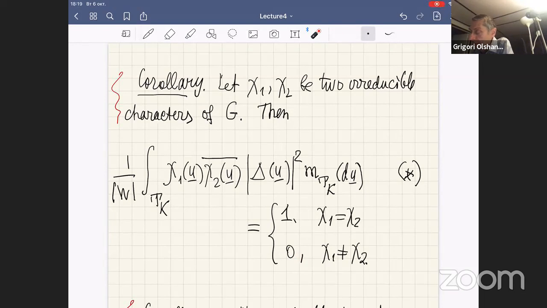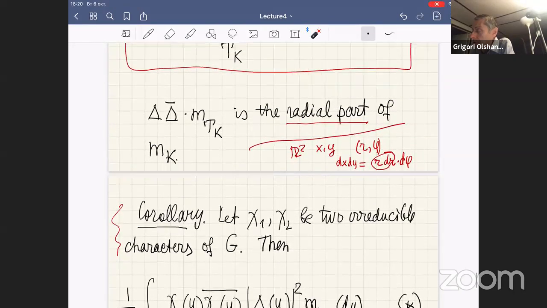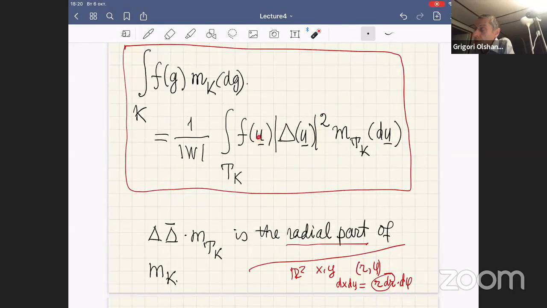So one can say that the family of irreducible characters forms an orthonormal family in the Hilbert space with respect to this measure, taking this factor into account. This factor is also quite natural, because this function is W invariant by the very definition of the Weyl group.